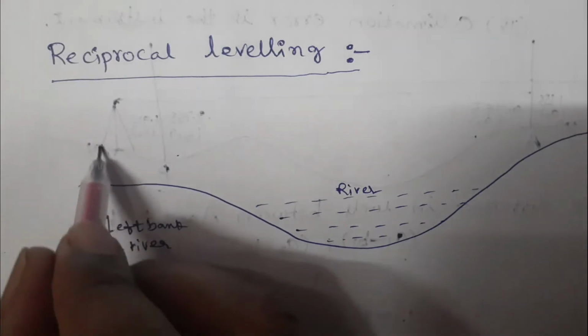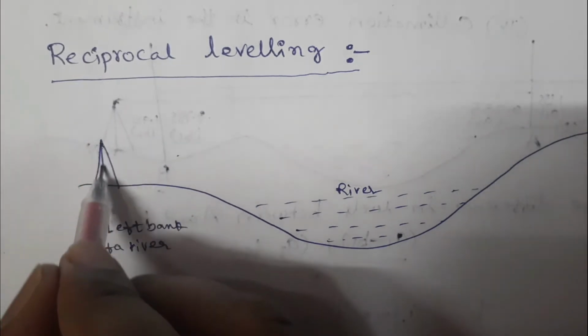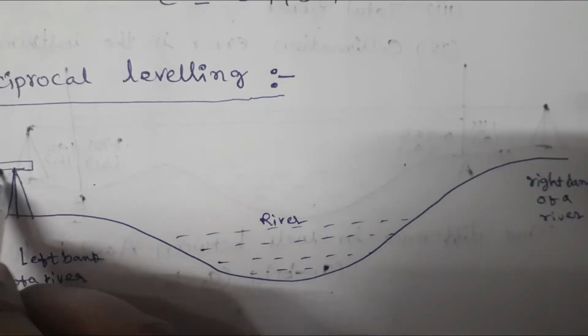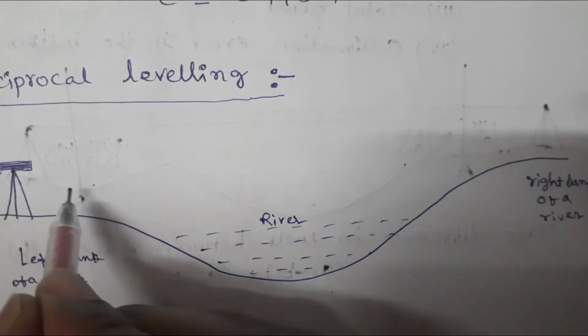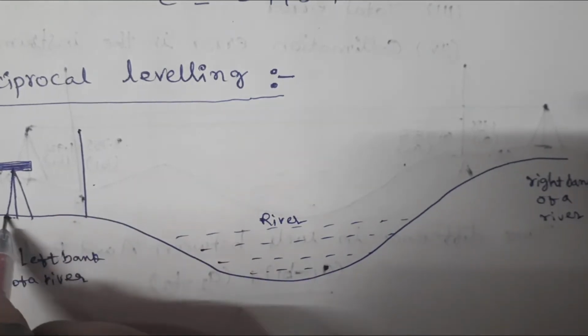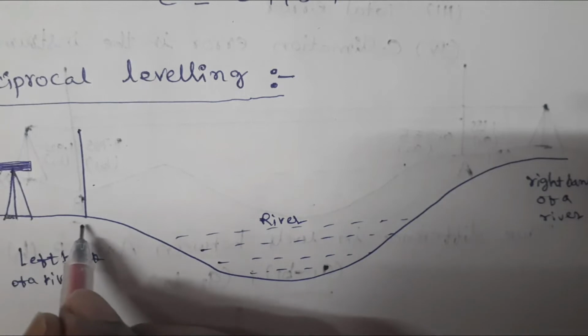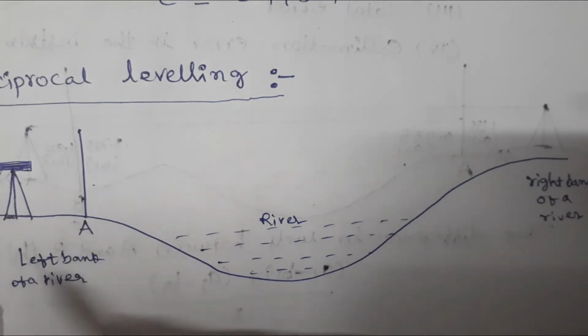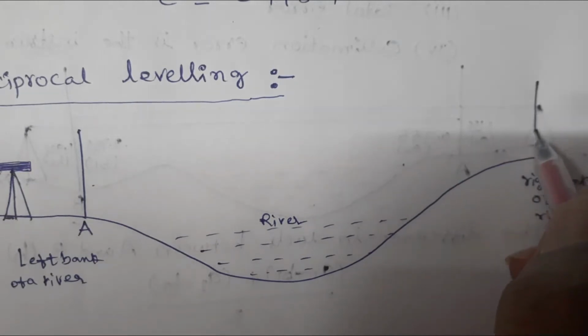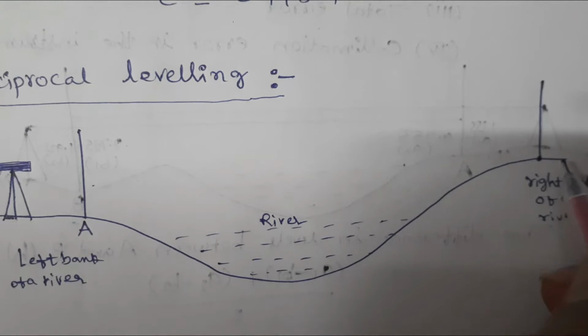Say the instrument is located on the left bank of a river and a staff is held near to this setup of instrument. Say it is point A, and another staff is held on the right side bank of the river.